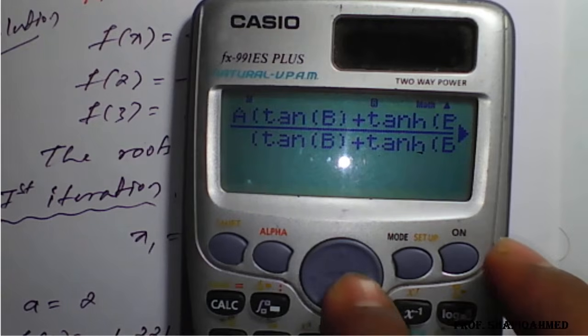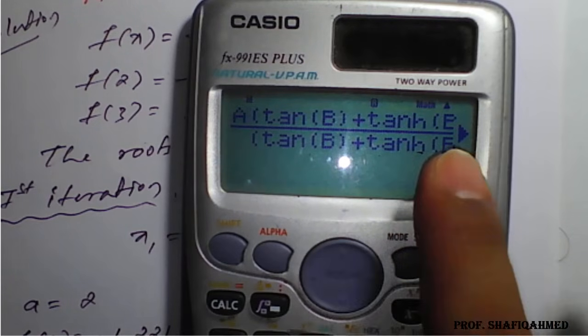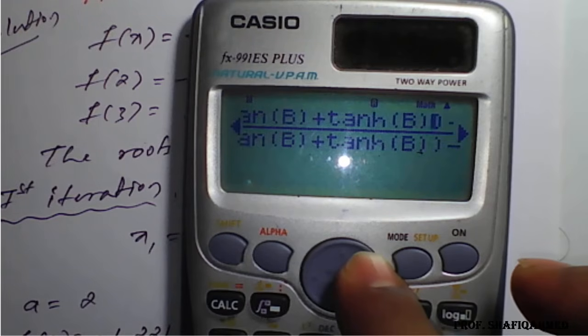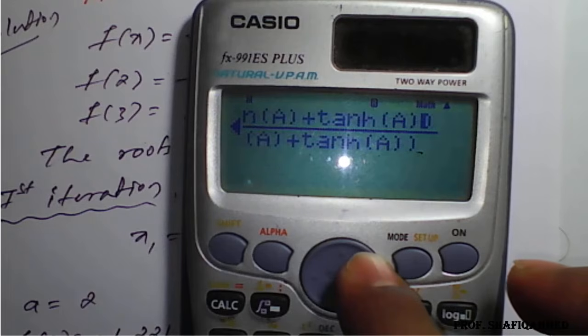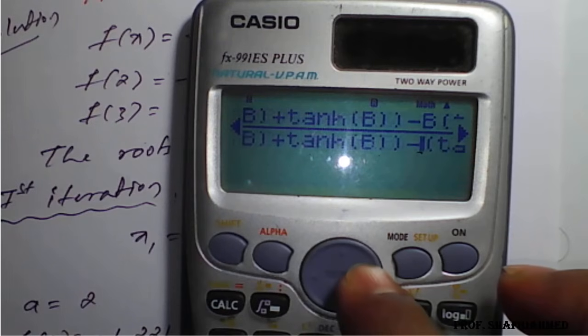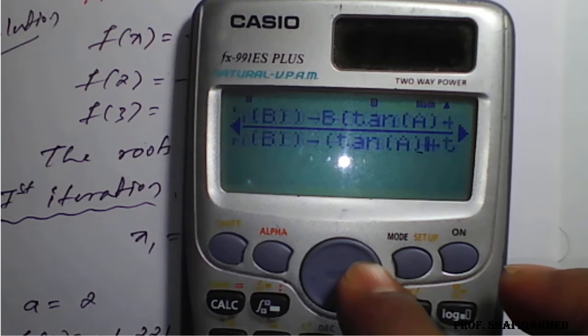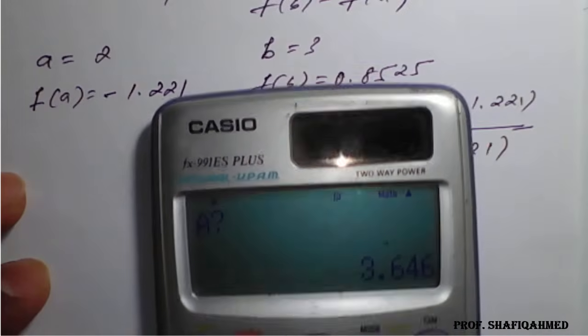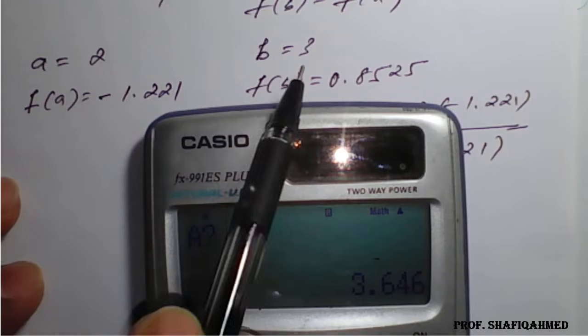Once you prepare the formula, cross check a into f of b completely in terms of b, minus b into f of a in terms of a, divided by tan b plus tanh of b minus tan a plus tanh of a. Then go for the calc option. It will ask the value of a: the a value is 2 and the b value is 3.